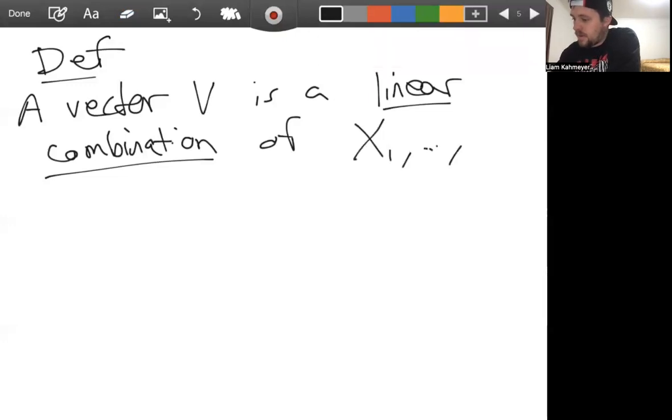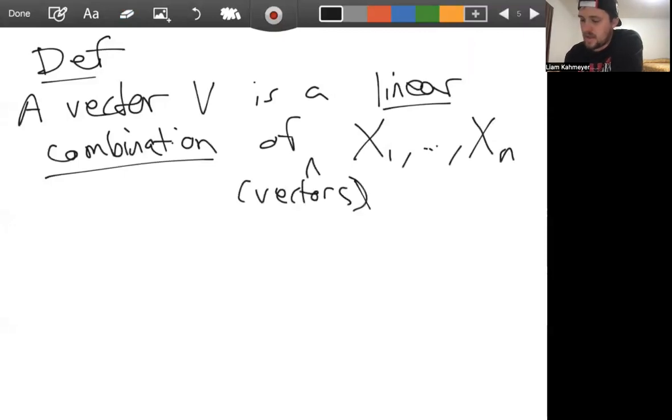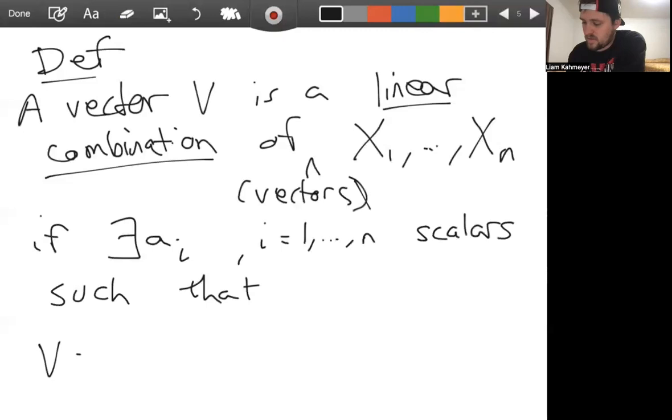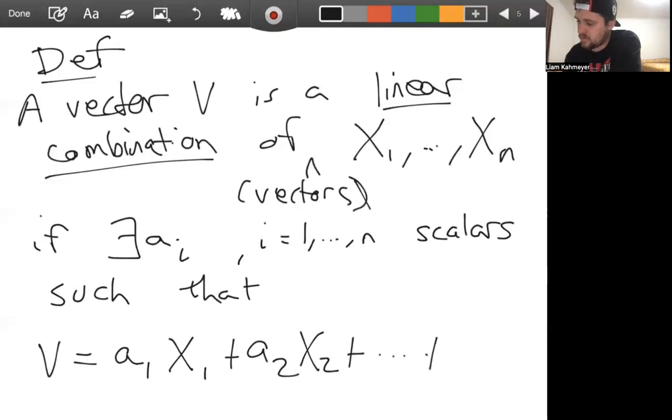So note that these will be capital X1 through Xn, not to confuse with the lowercase that we were using for variables. So a vector V is a linear combination of vectors X1 through Xn if there exist scalars A sub i, for i going from 1 to n, such that V is equal to A1 X1 plus A2 X2 plus et cetera, all the way up to A sub n X sub n, right?